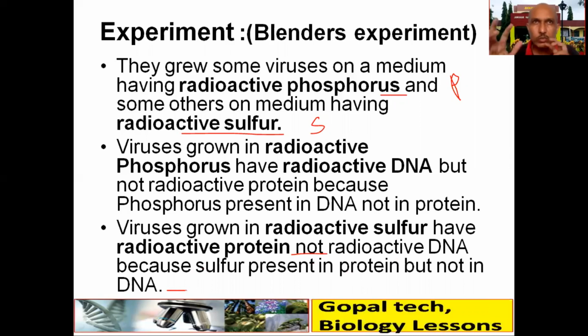So that gives a clear difference in the radioactive labeled material: one has protein, one has DNA. So which one will enter, that is what we have to identify, and they identified it.